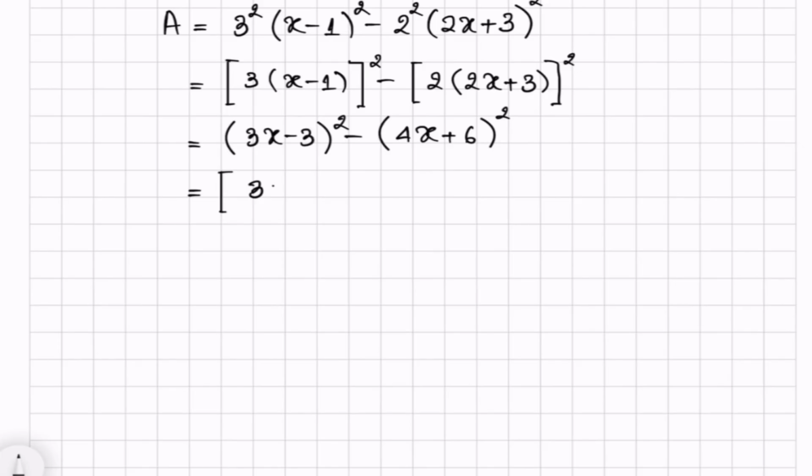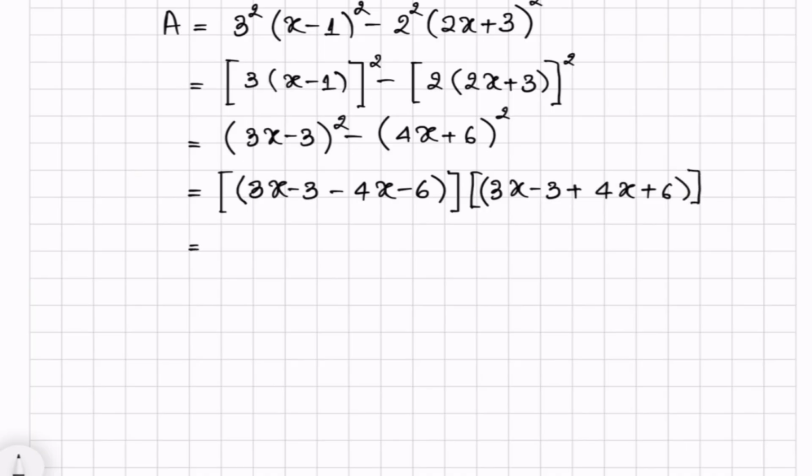So we get (3x minus 3 minus 4x minus 6), and then times (3x minus 3 plus 4x plus 6).